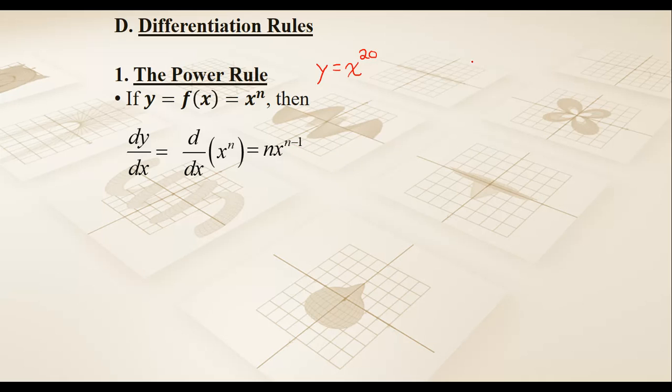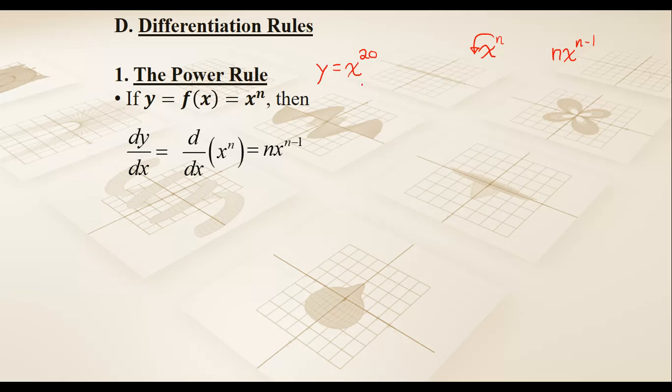Here's essentially what happens when you're doing a derivative of a power. If you have x to the power of n, you take the power and move it in front of the variable, so it now takes the place of the coefficient. So you would then have n x, okay? The n is now in front. And then you subtract 1 from the exponent. So you put the power in front of the variable, and the new value of the exponent is just the old one minus 1.